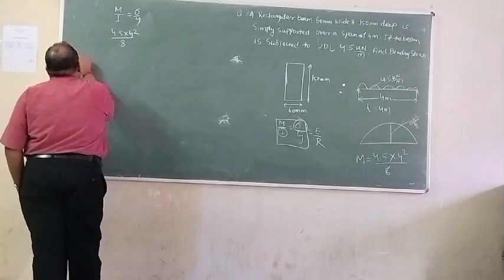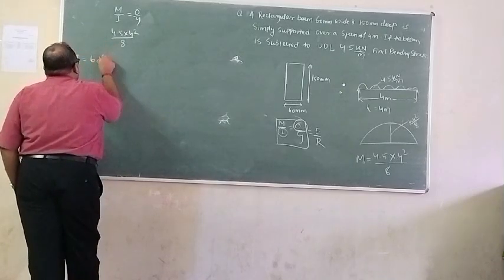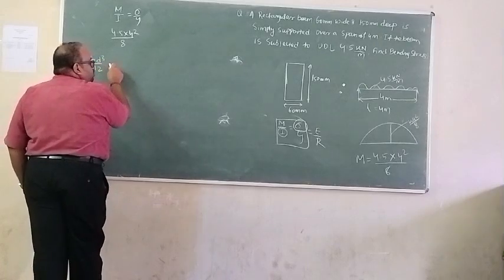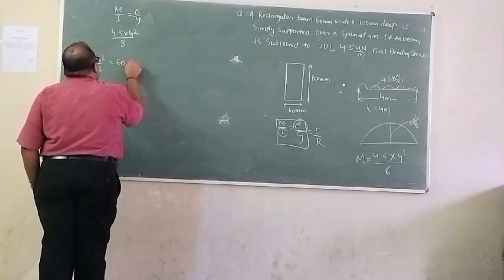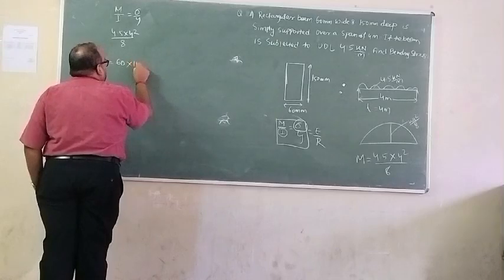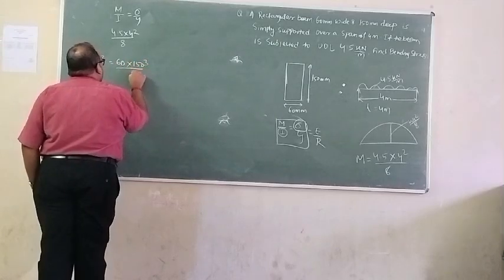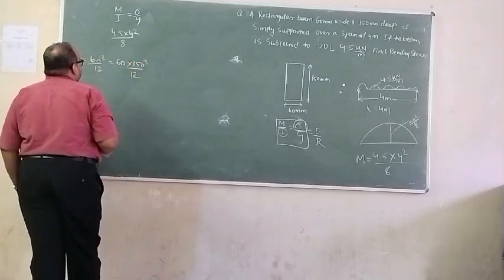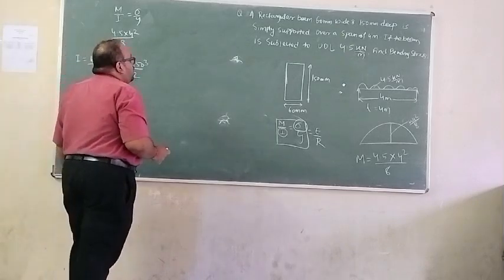And I is BD cubed divided by 12. So B is 60 and D is 150 cubed divided by 12.